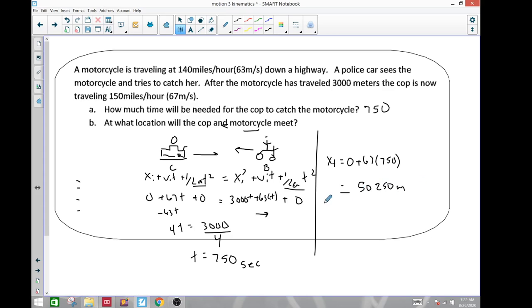If you do the same thing for this guy, you need to put the 3,000 in there, since he's 3,000 meters ahead. So that's xi plus vit, and if you put in 63 as his velocity and then 750, you should get the same value because they're in the same spot.